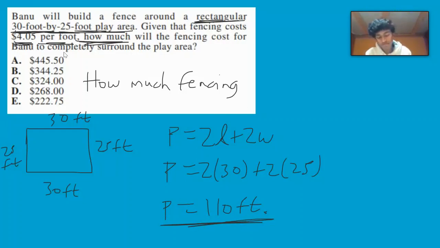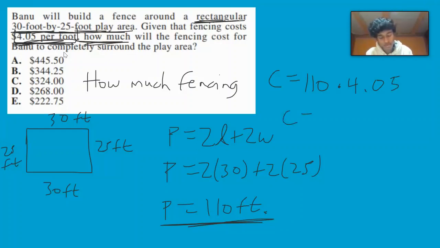Now, we are also given that fencing costs $4.05 per foot. So for every foot, we pay $4.05. Our total cost is equal to the total amount of fencing we will need, 110 feet, times the cost for each foot, $4.05.